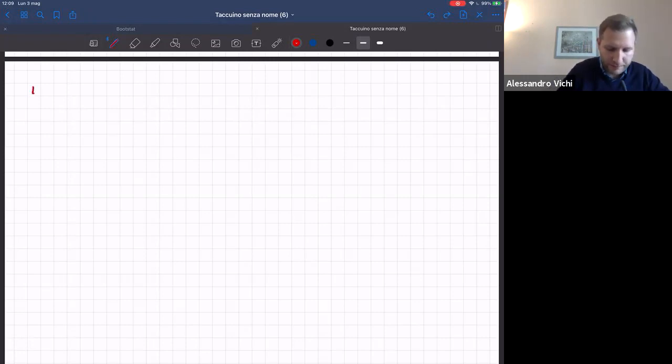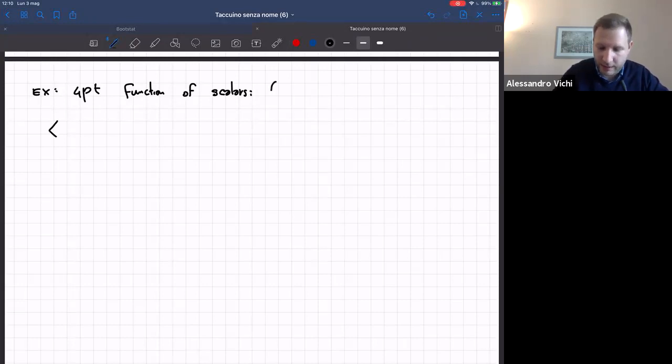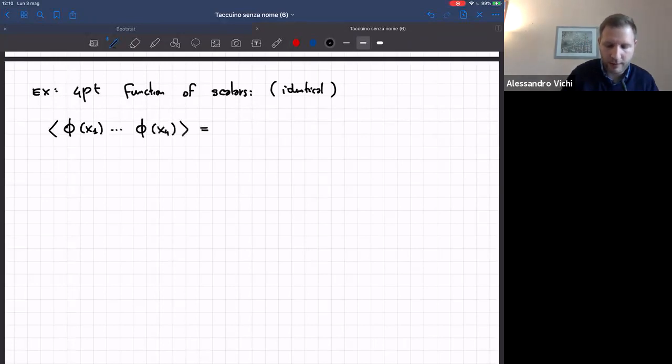So for instance, take the 4-point function of scalars, which will play a fundamental role in our discussion. And let's take them identical, or at least all with the same dimension. So phi of x1, up to phi of x4.